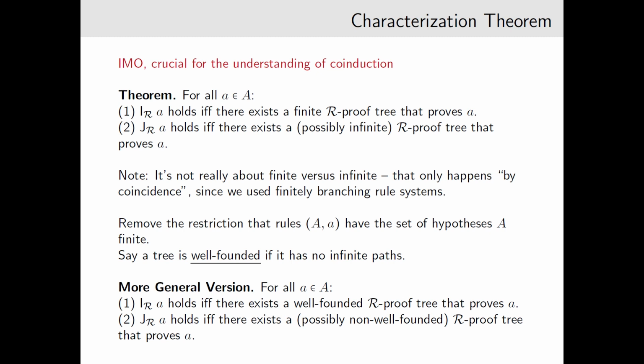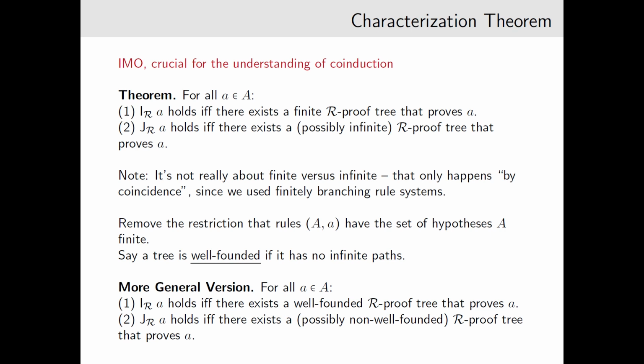So induction is obtained by restricting coinduction with respect to the depth of the trees, not necessarily with respect to the width. Inductive relations defined using infinitely branching proof trees make perfect sense. So really, this is the truly general version of this correspondence theorem.